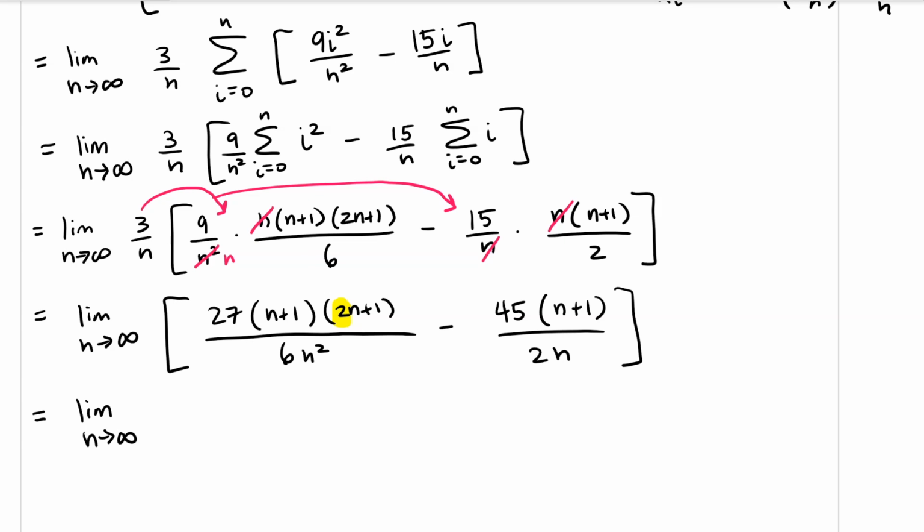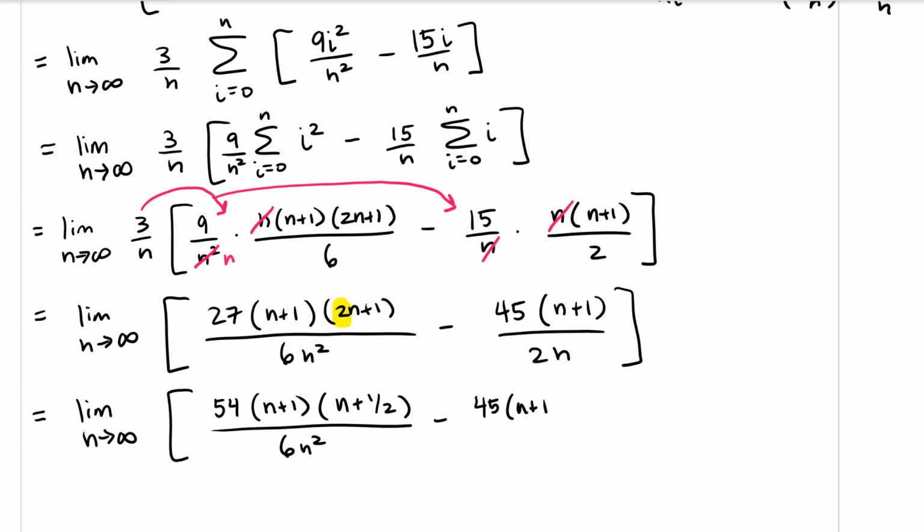So the limit as n approaches infinity of, why don't we take out that 2? So we'll have 27 times 2 is 54 times n plus 1, and then if I factored out a 2, that's going to leave me with n plus 1/2 over 6n squared minus 45 times n plus 1 over 2n.